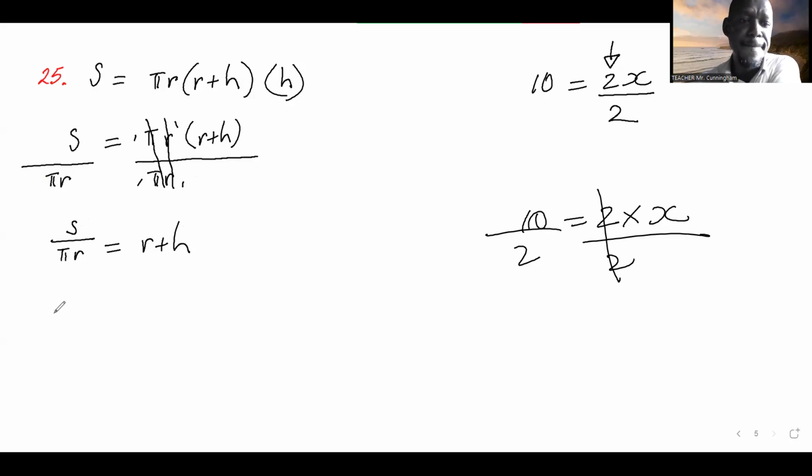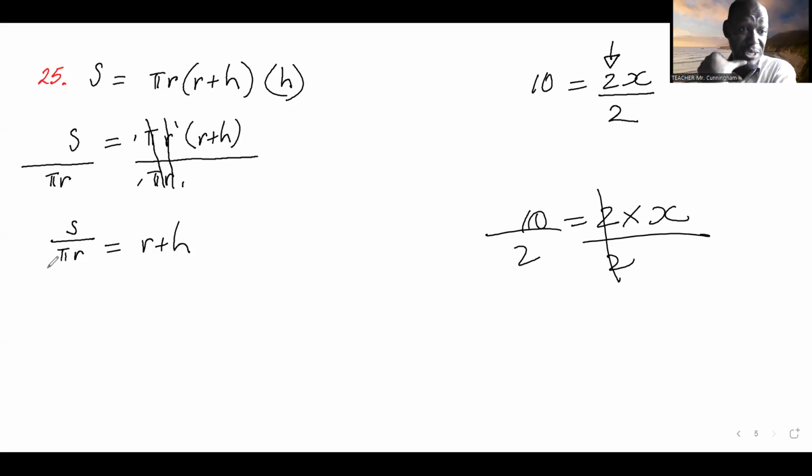So we're finding for H. Tell me what the next step is. We have to subtract. Simple. So it's the same thing we're doing over and over, but we're just building, making it a little tougher.